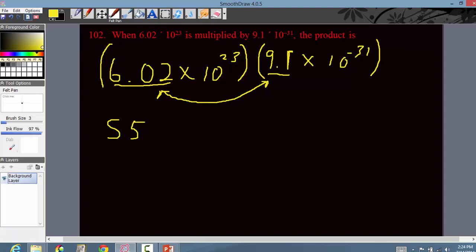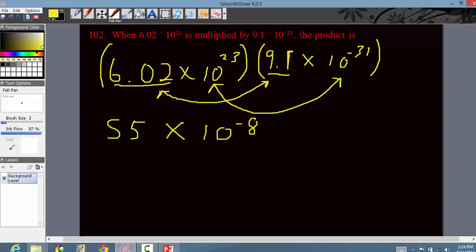Now, when I work with the other number, I have to add up my exponents here. And when I add those exponents up, it's going to give me times 10 to the minus 8.